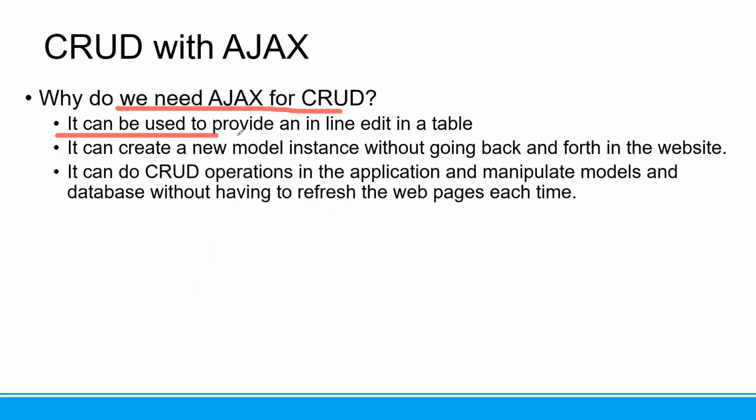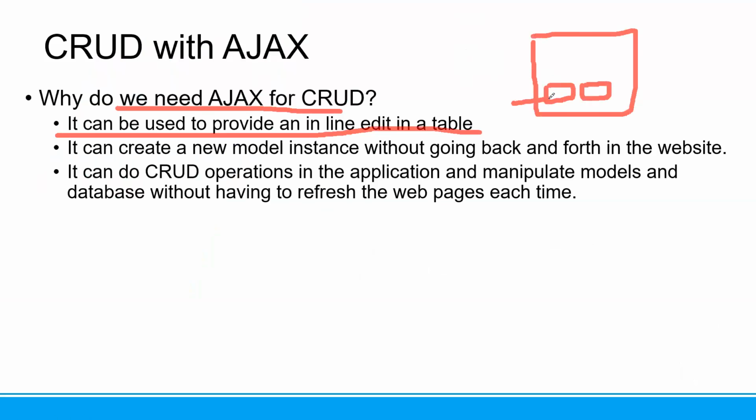It can be used to provide an inline edit in a table. So whenever you deal with the data, you can modify the data like you already did in your mid exam. You can have a form, and then when you have the form, you will have a kind of button.